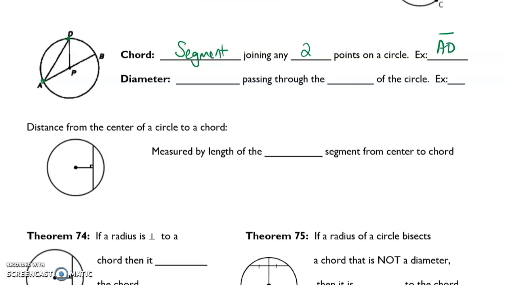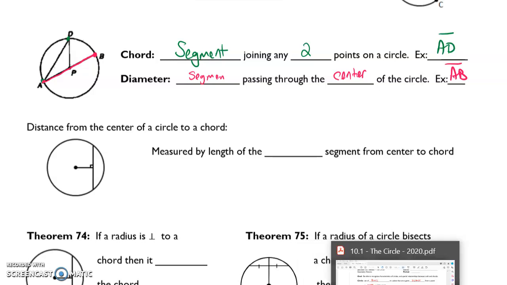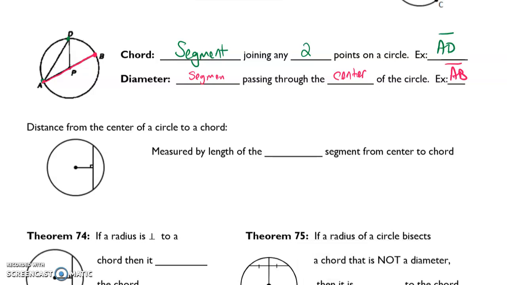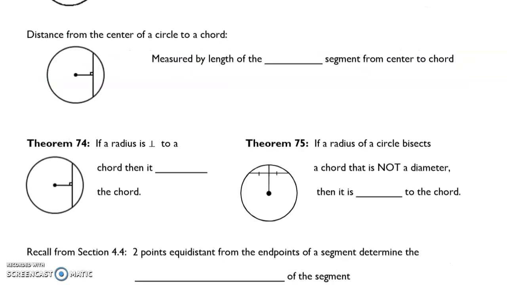The diameter, however, is a segment that passes through the center of the circle. So as an example, A passes through P, the center, goes all the way to B. Segment AB would be considered a chord, or a diameter. We'll call it a segment there too.